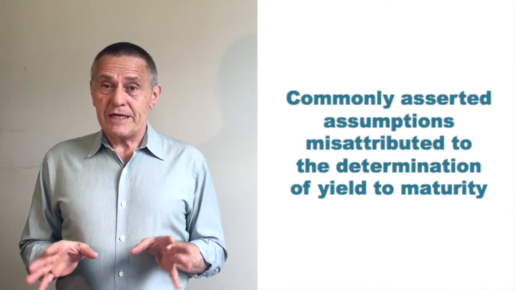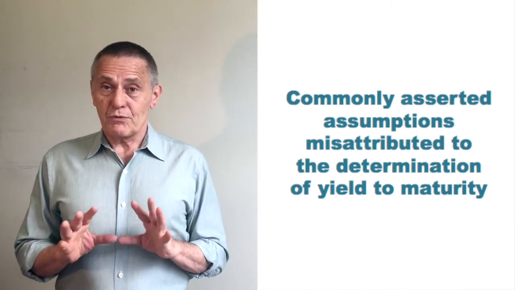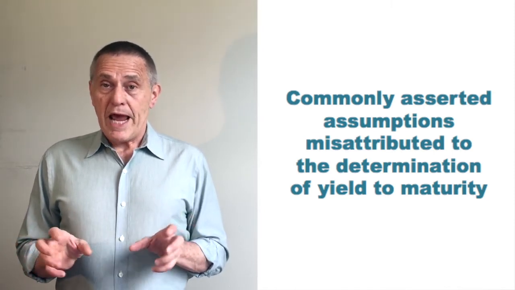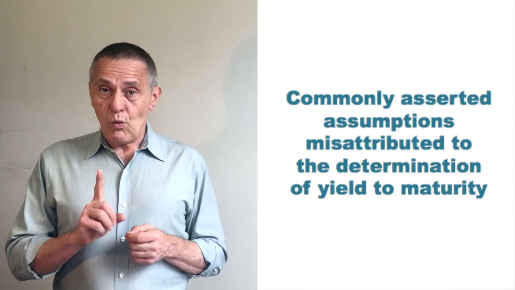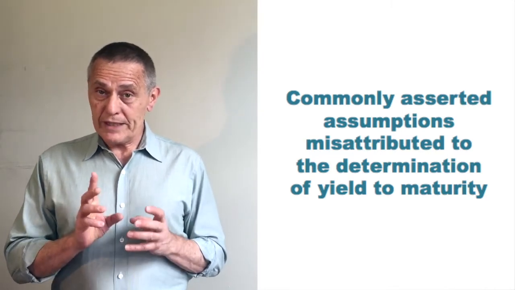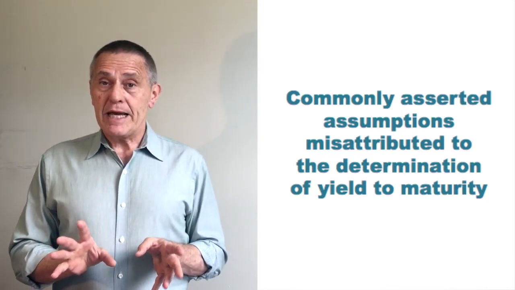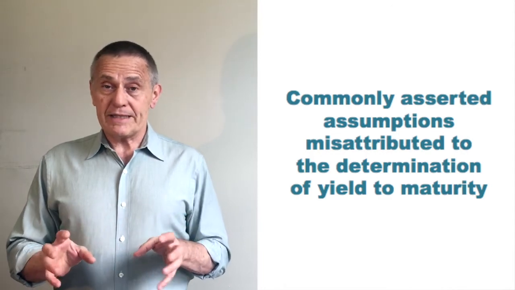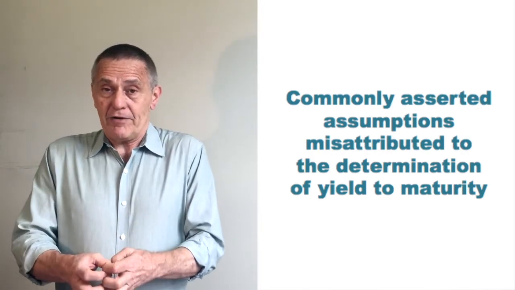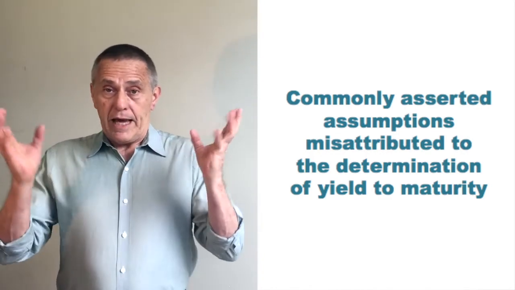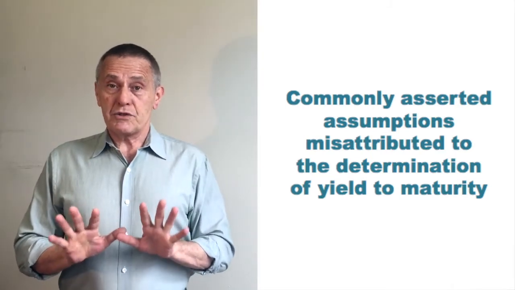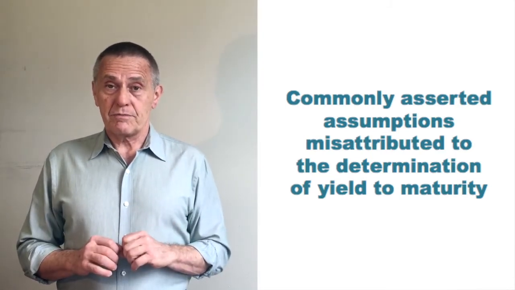However, as we'll see, all of those assumptions are really implausible, and even though one of the assumptions is true in a special circumstance, it's nearly always a mistake to take the outcome in a given scenario and somehow expand that to assume that it applies to all bonds in all circumstances.